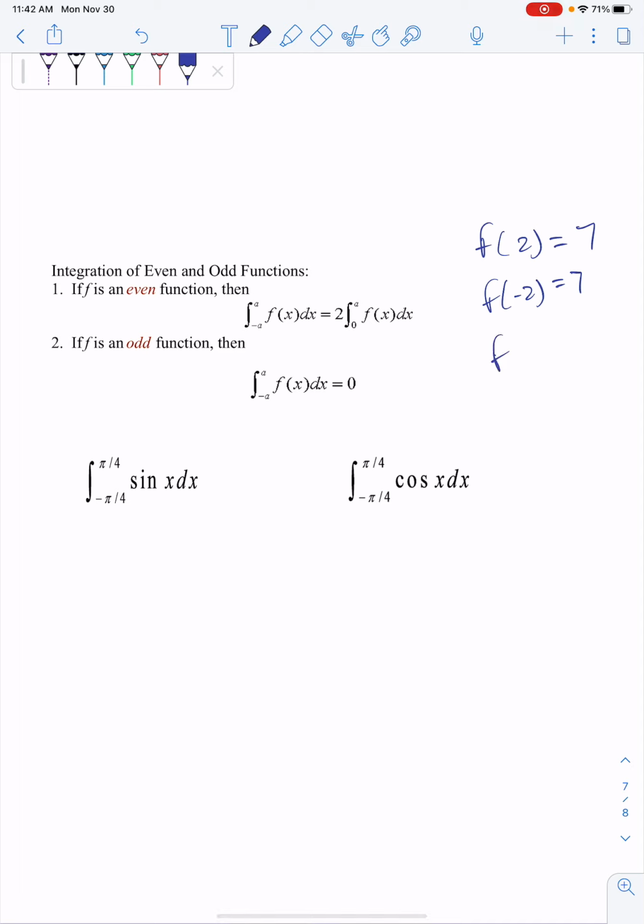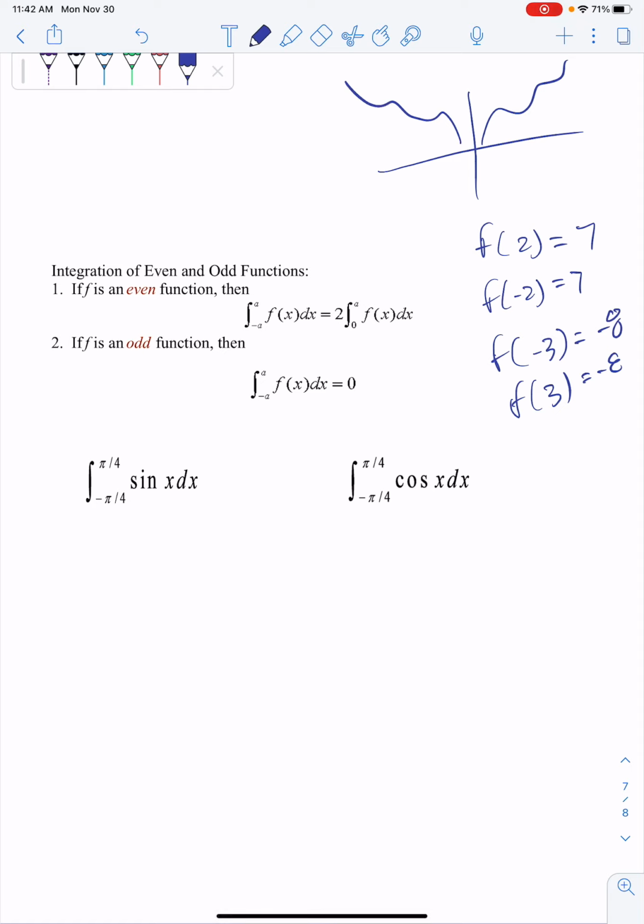If I were to take f of negative 3 and get negative 8, then f of positive 3 would also be negative 8. Basically, an even function, whatever's happening on the left and the right is happening on the other side. It's reflected over the y-axis, okay? So whatever's happening on the right is happening on the left.